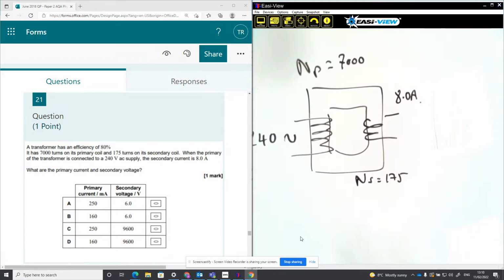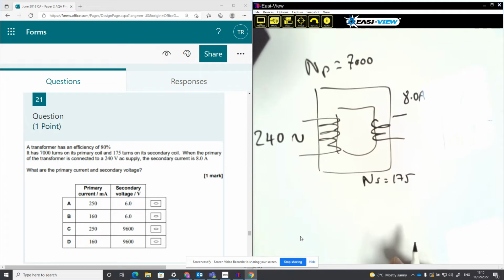Okay, and then we're asked to work out what the relationships must be. So we're not told what the current is on the primary, but we should be able to work out what the secondary voltage is. So the power of the primary is the current in the primary multiplied by the voltage of the primary.